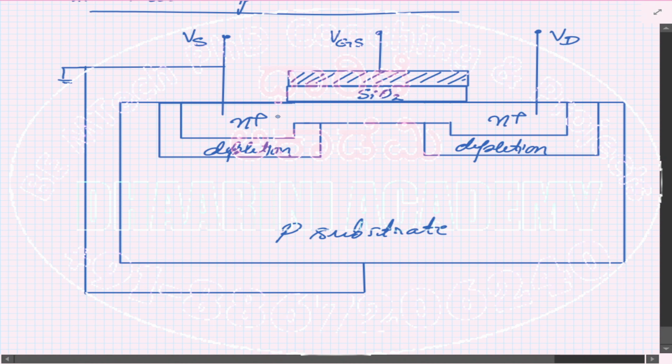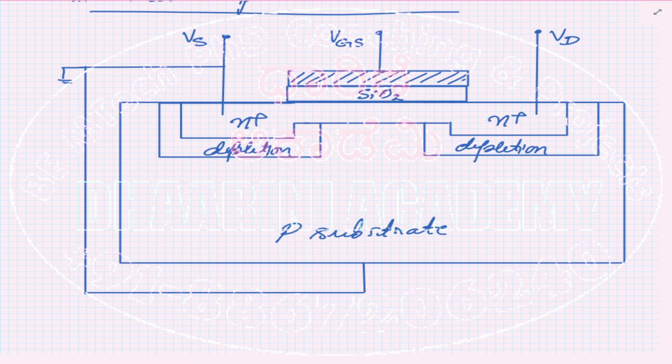You can see that the N plus and N plus are already connected, so there is no need of building the channel. So if VGS is 0, I still don't have any problem. I still can conduct. Apply a VD, there is conduction.